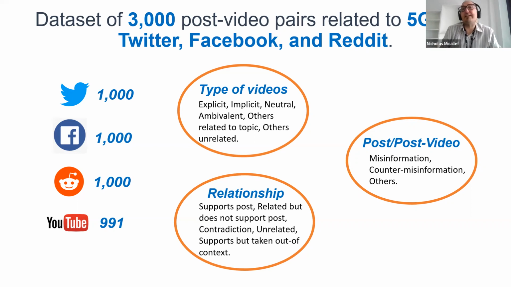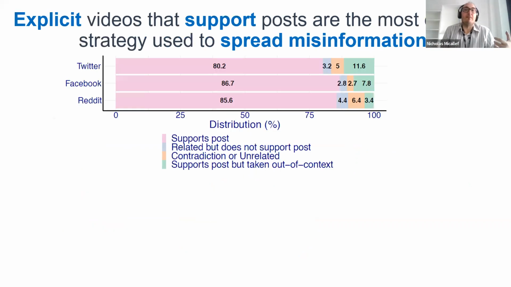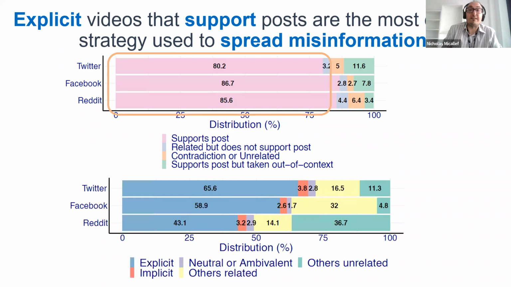Now, during the characterization of the post-video pairs, we find that most videos either support the post or are taken out of context. We also categorize the type of content present in the video, and we find that most videos contain explicit misinformation, with only a few containing implicit misinformation.